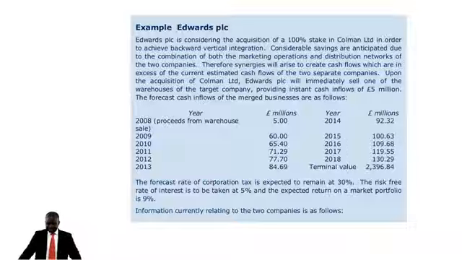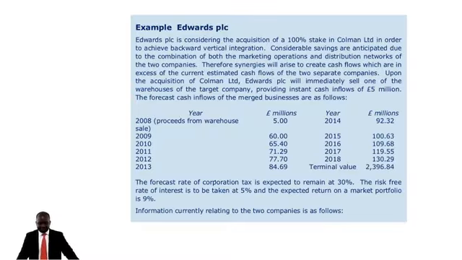Therefore, synergies will arise to create cash flows which are in excess of the current estimated cash flows of the two separate companies. Upon the acquisition of Coleman Limited, Edward PLC will immediately sell one of the warehouses of the target company, providing instant cash inflows of 5 million.